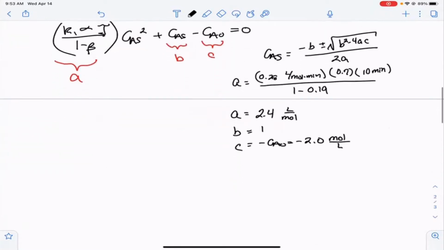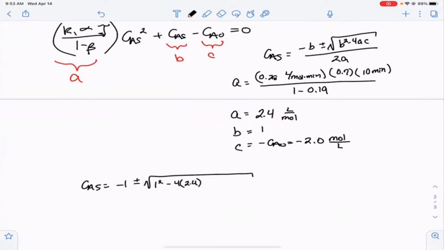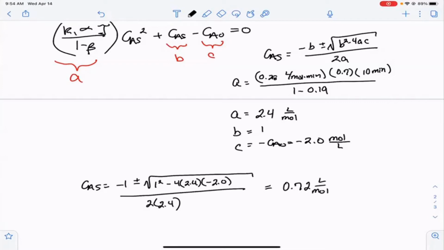And so if we solve for CAS, that just becomes equal to negative 1 plus or minus the square root of 1 squared minus 4 times 2.4 times minus 2.0, divided by 2 times 2.4. And we can calculate a concentration for CAS, which is equal to 0.72 liters per mole.